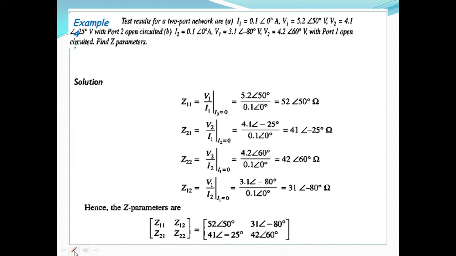For any example asked in the examination, first you write its parameters. We know that there are V1 and V2.